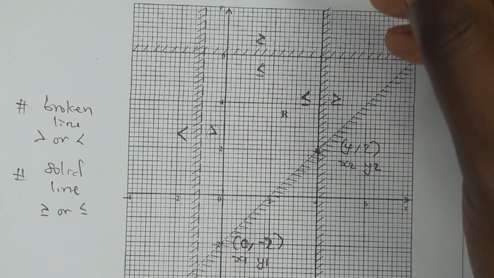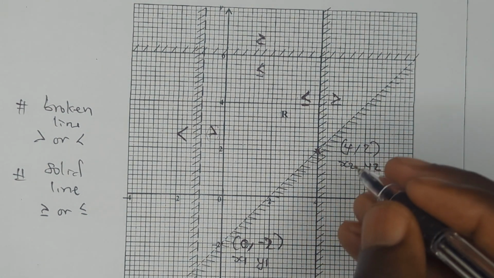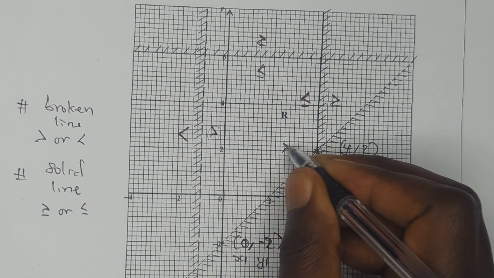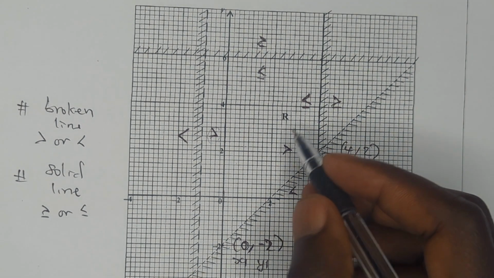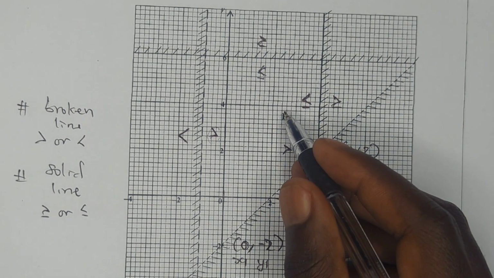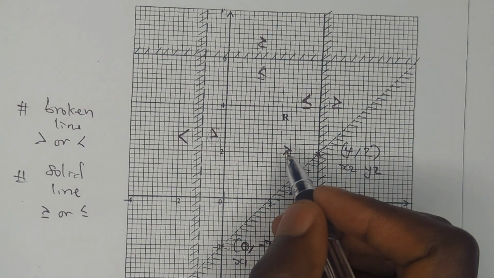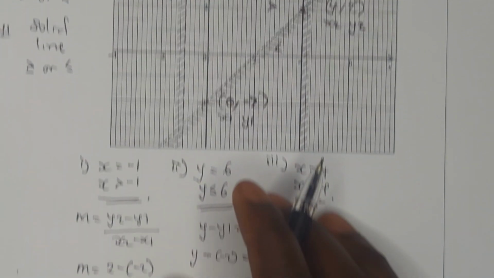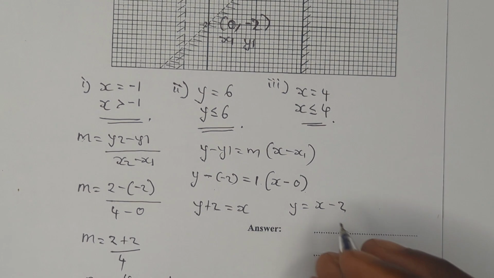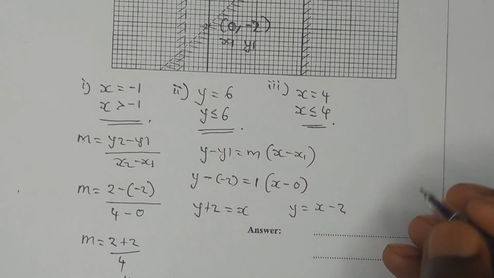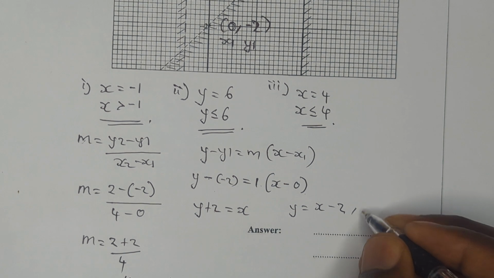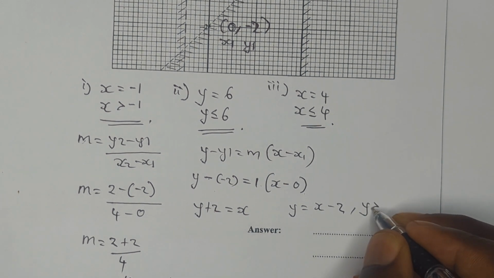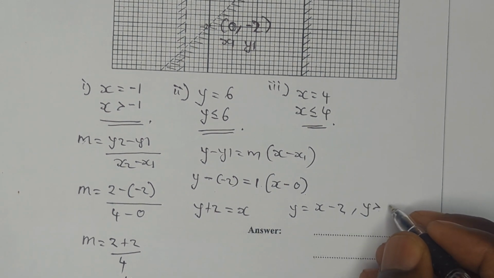In this part here, the numbers are increasing, so here it is greater than, down here it is less than. The sign is where the region R is, so we are going to get greater than. So this will be y greater than x minus 2.